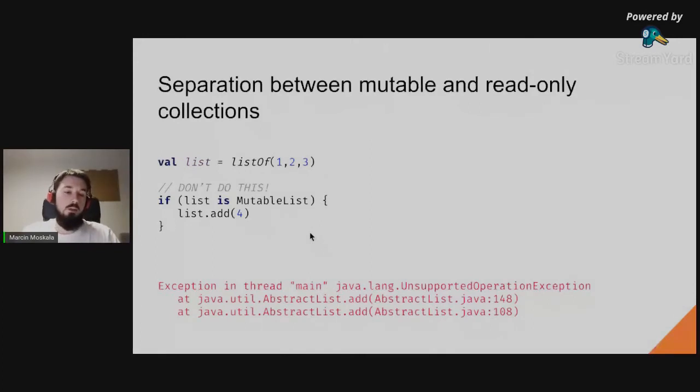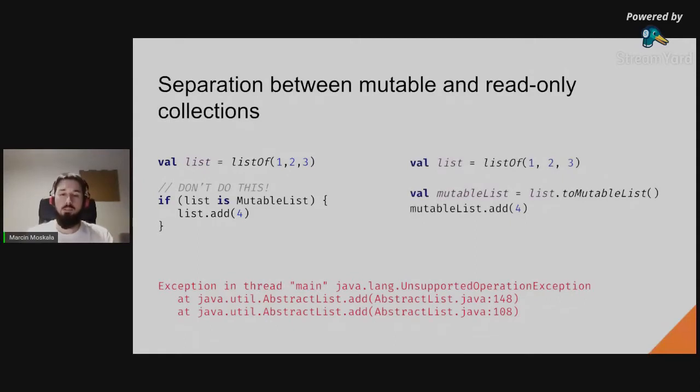But I don't know, it's very likely that the Kotlin team will introduce persistent collections and return them from behind the list of, and then this code will not pass this check at all. So when you do things like that, you have absolutely no idea how it's going to behave in the future. And the legal way to do that is to use a method like mutable list that makes a copy that is mutable.